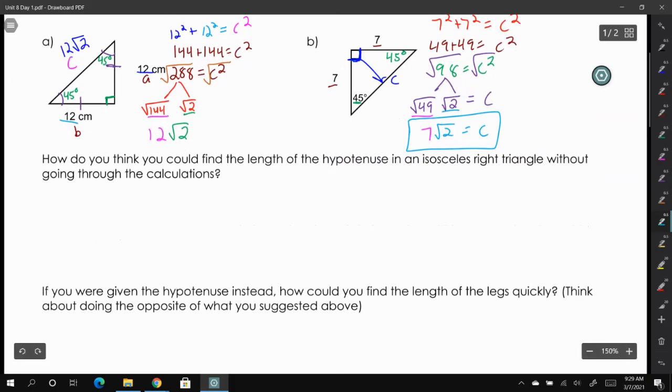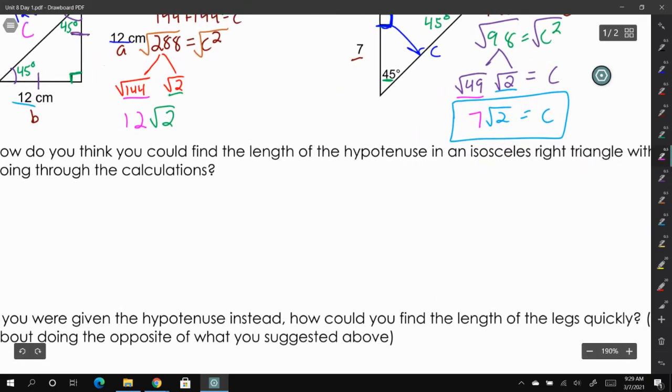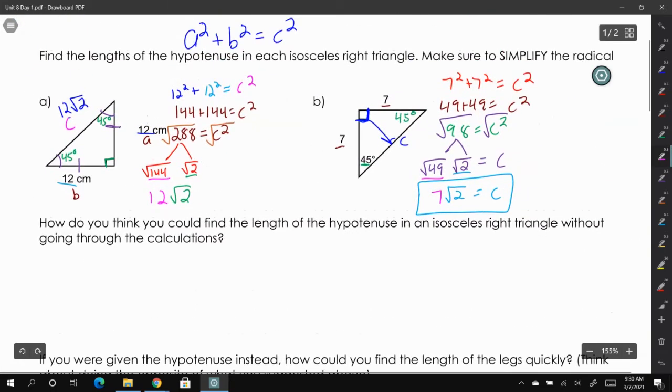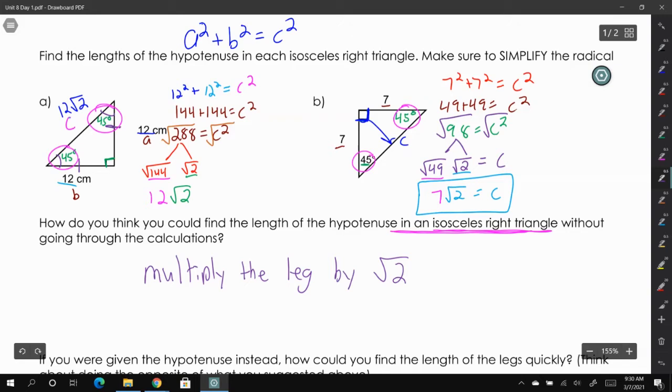So I think you can see that the one thing that's similar about these is that besides the right angle, the other two angles are 45 degrees. So we have 45, 45, and 90 degrees. In an isosceles right triangle, we could just multiply the leg by the square root of 2.